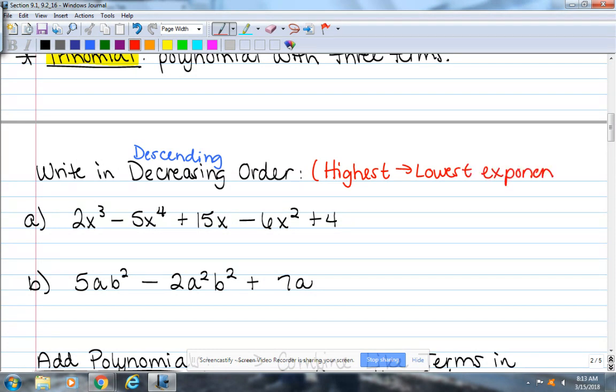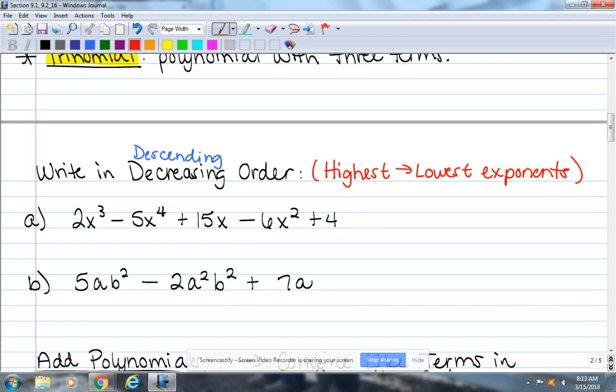So what we're doing here is we're just rearranging the polynomial. Now, when we rearrange a polynomial, guys, whatever sign or symbol is in front of a term, if it's positive or negative, that still has to stay in front of that coefficient.